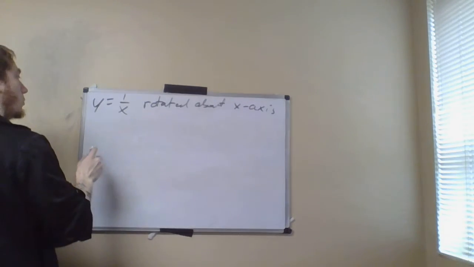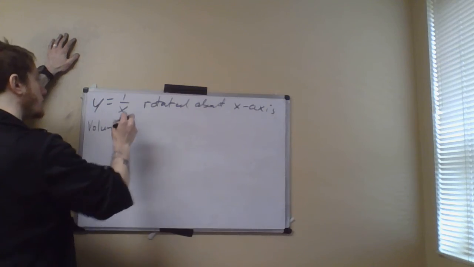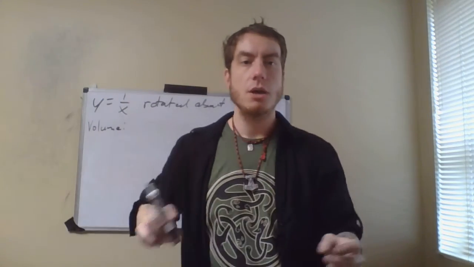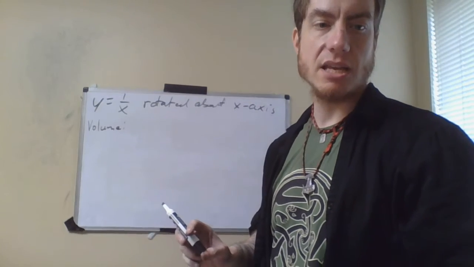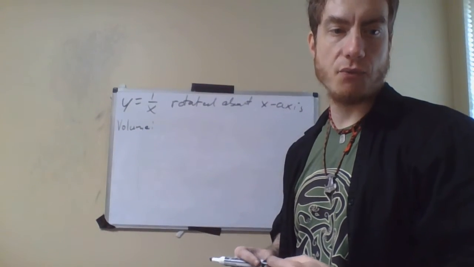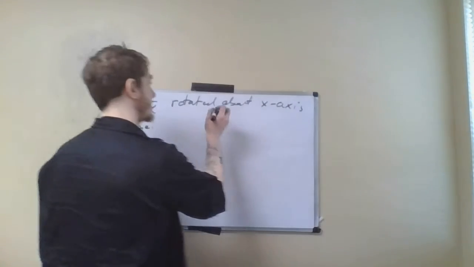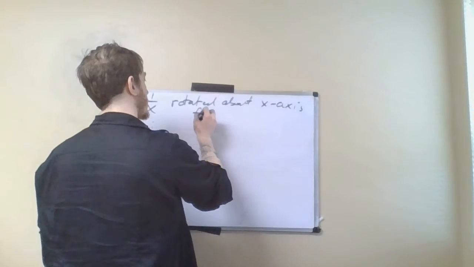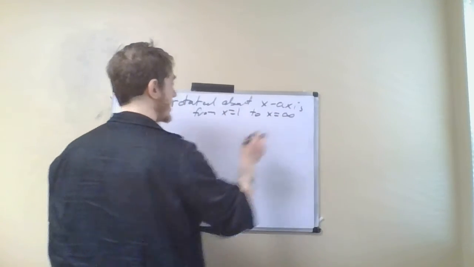Now, what I want to do is first start by calculating the volume of this thing. The volume is actually very easy to find by using the formula for volumes, right? Oh, and I didn't tell you the bounds, did I? So from x equals 1 to x equals infinity.